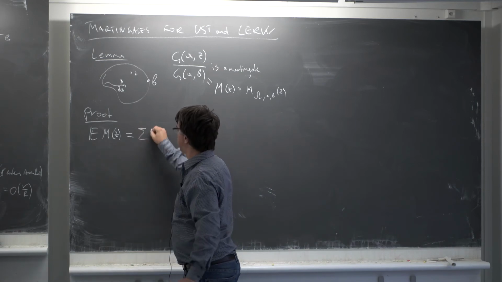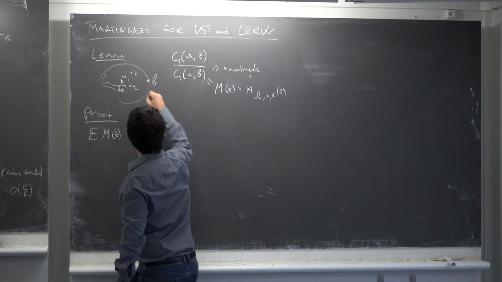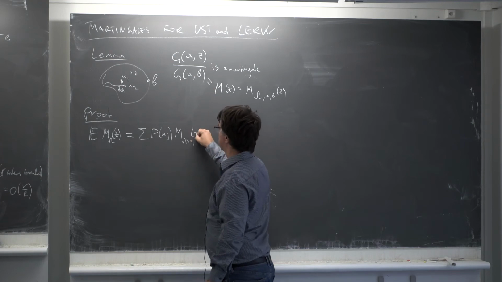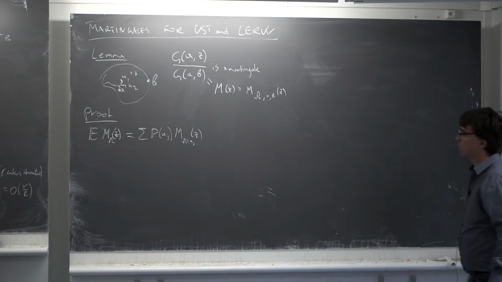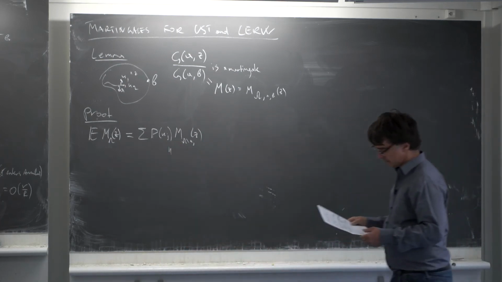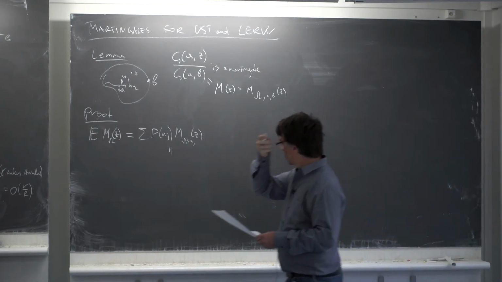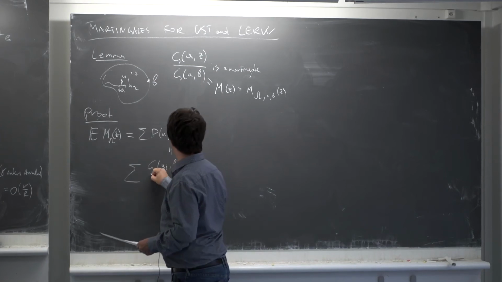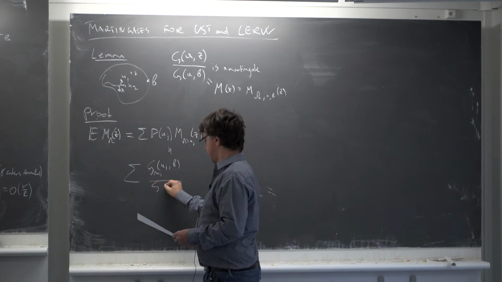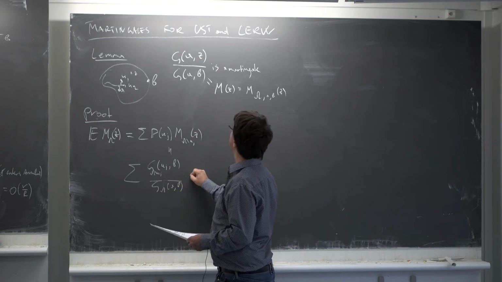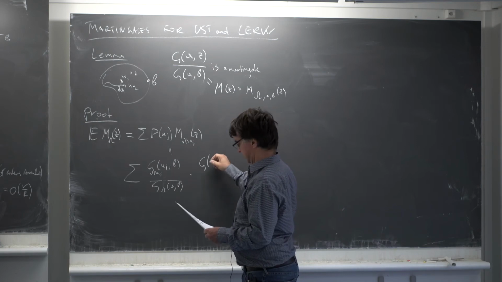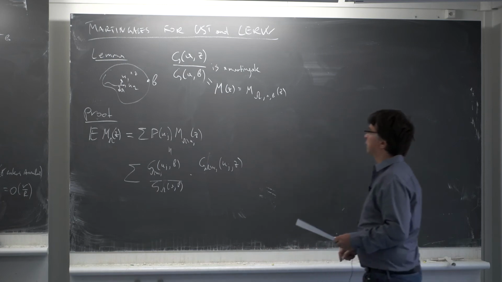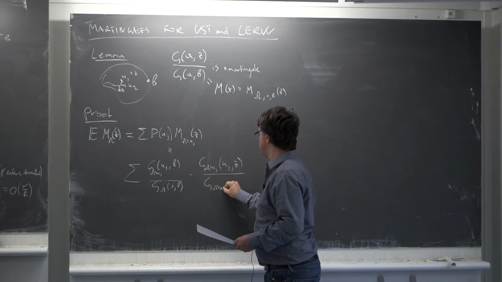So it's the sum of the probability that we go to Uj times the martingale of, now we had a domain omega, now we have domain omega minus Uj, of Z. Now, this is the sum of the Green's function from uj to b in the domain omega minus uj, over the Green's function in omega from a to b, and the martingale is the Green's function in omega minus uj from uj to z, because we continued our curve, normalized by the Green's function in omega minus uj from uj to b.